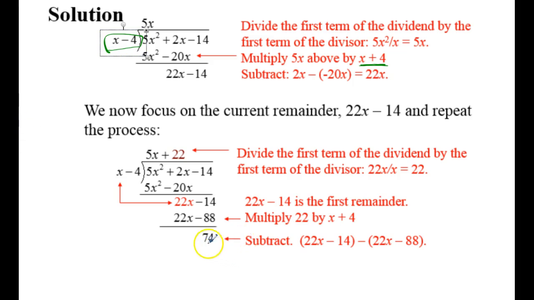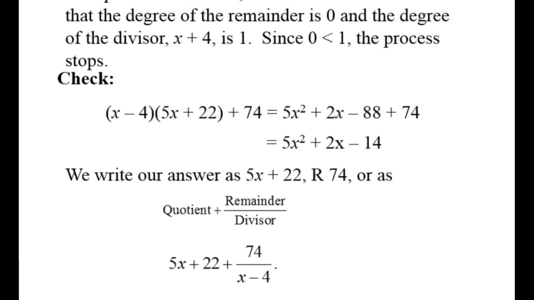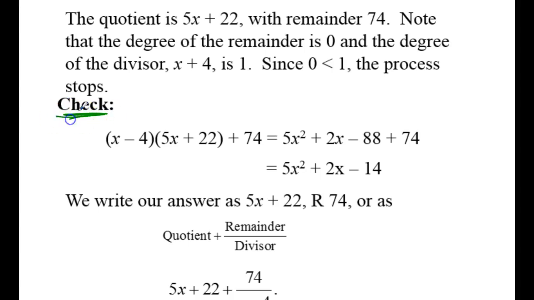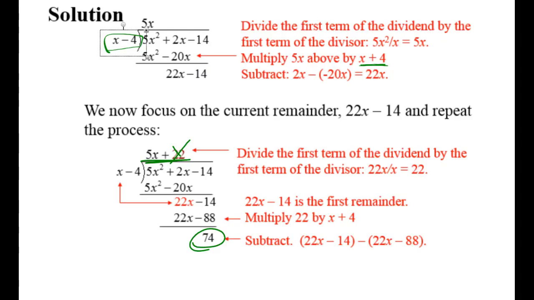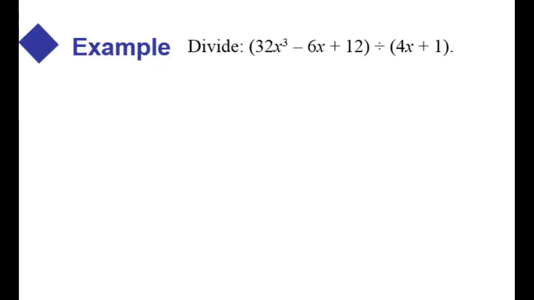So the author is going to get a little bit different remainder and a little bit different answer. This 22 we didn't get. So let's not follow the author's worked out solution. Even with their check, by multiplying it back together, they used an x minus 4, but if you remember, the original problem was an x plus 4. So a little bit confusing how the author did this.